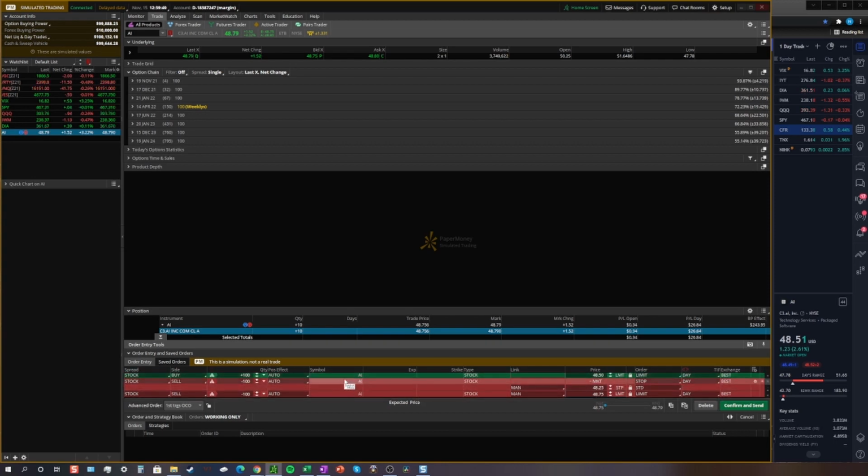So you'll have this first one, and then these two red trades down here will cancel each other upon whichever one gets filled. We need this 48.50 to get filled, and then these two will be active.